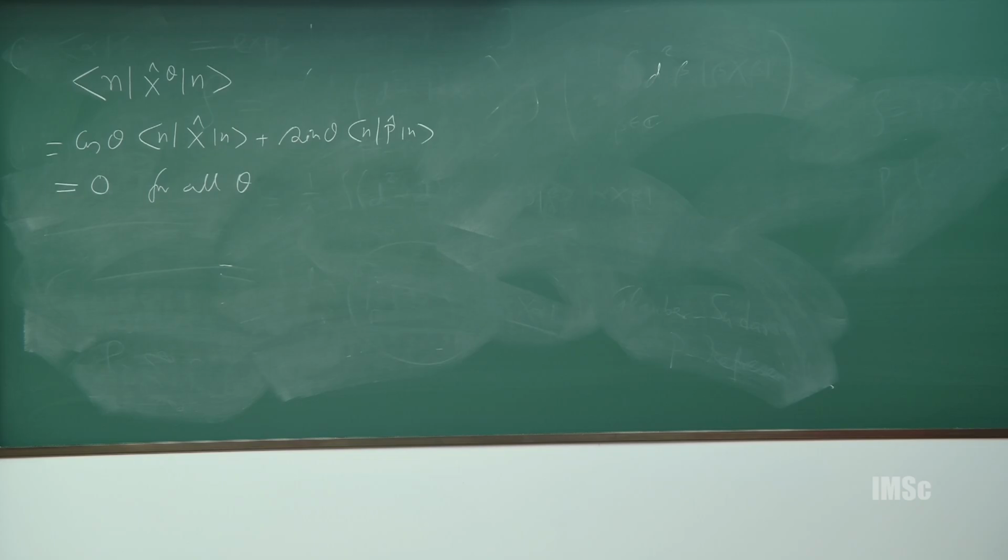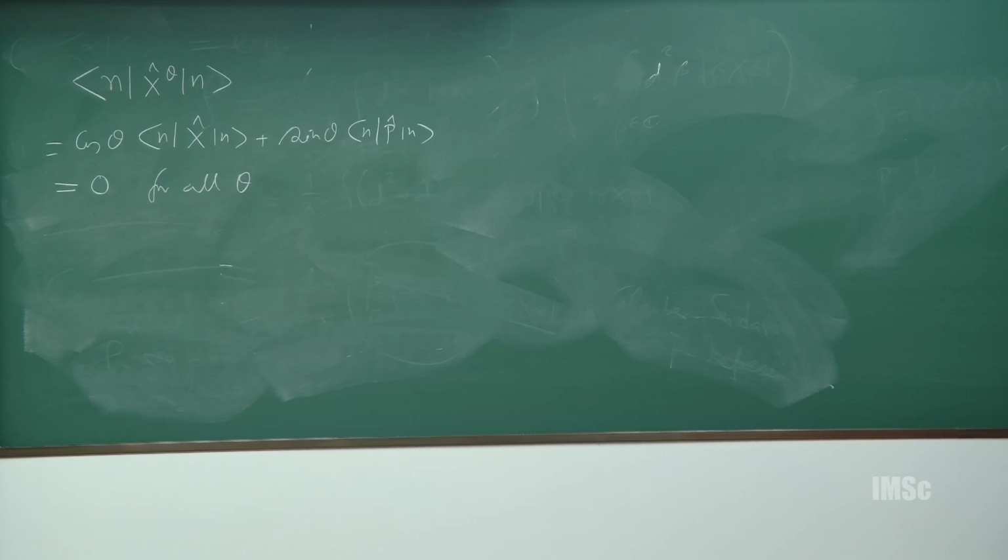I mean you will get a value of this, right, but this is theta dependent. On the other hand, for number state this is 0, right. Okay. So, you see that number states in this respect are quite different from classical states of light.